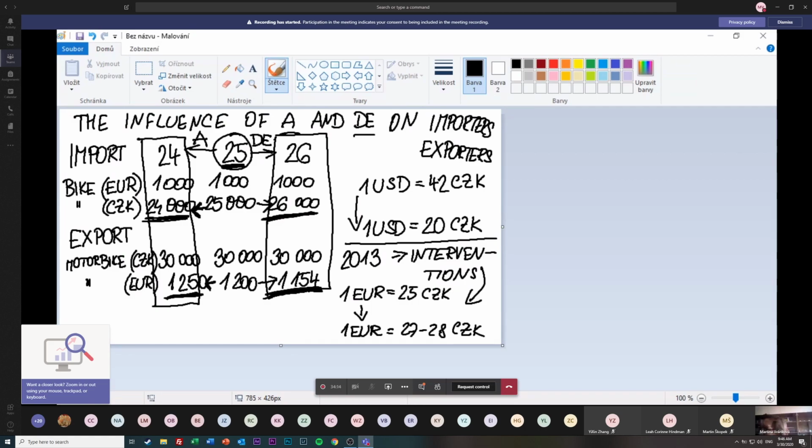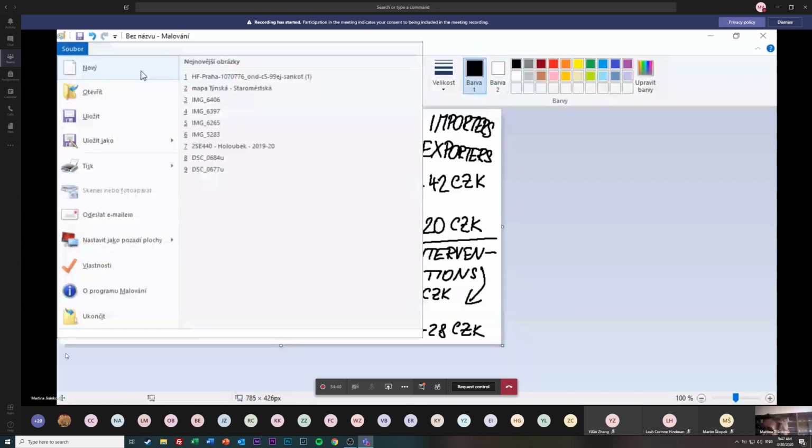So I would like you to remember this easy table, because it's very easy to imagine, and I will use it in many situations when we explain the exchange rate or the balance of payments. Okay, let's go further to the currency market.